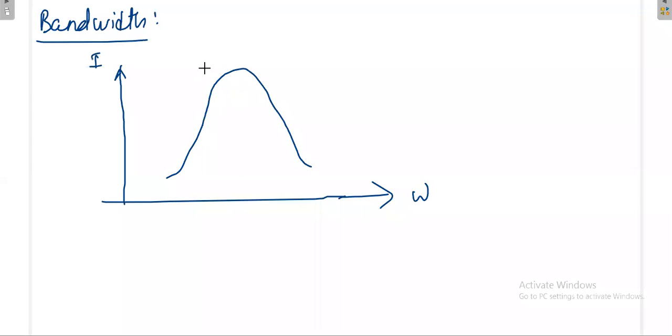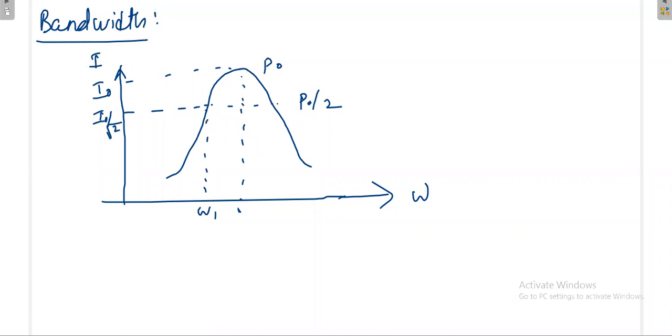This is the maximum current I₀, and the power there is P₀. At I₀ divided by root 2, the power is P₀ divided by 2. This is the lower corner frequency ω₁, this is the center frequency ω₀, and this is the upper corner frequency ω₂.